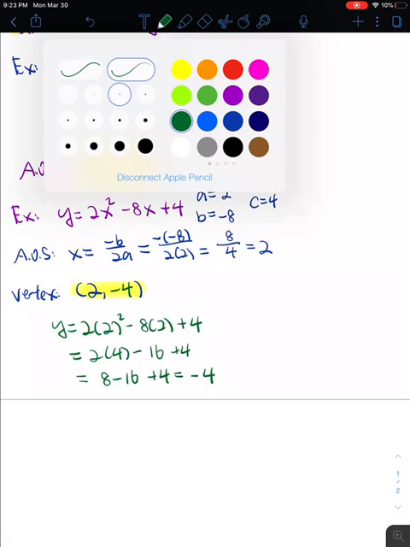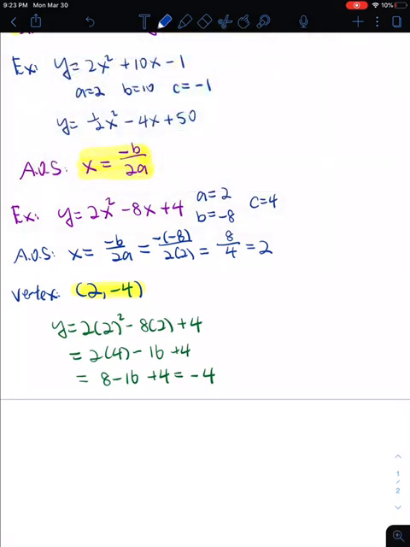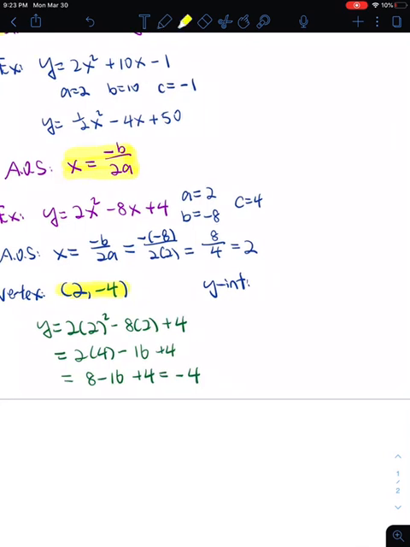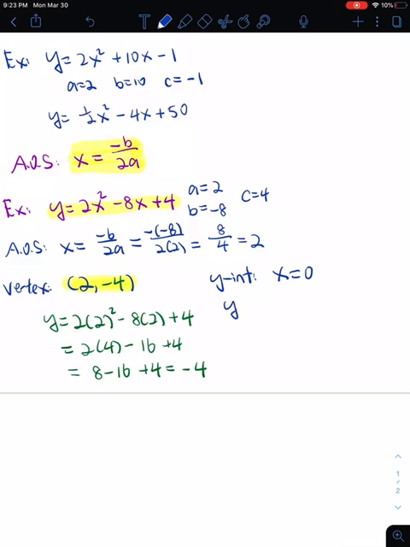And then something else I should point out that's going to be very useful when working with standard form is how we can find the y-intercept. Okay, so again, let's go back to our equation up here. And if I want to find the y-intercept, remember, we always want to use x equals 0. So let's plug in 0 for x.